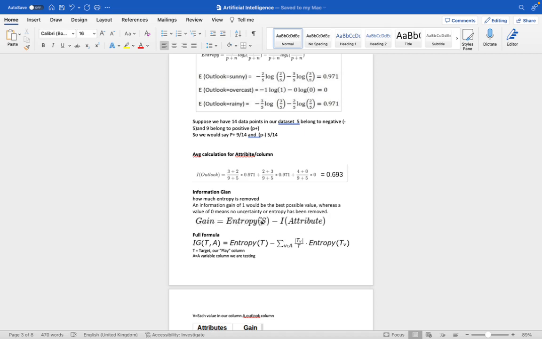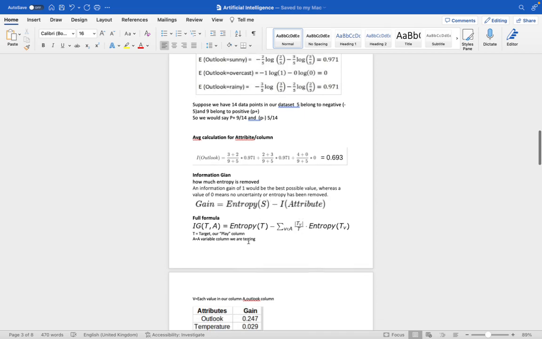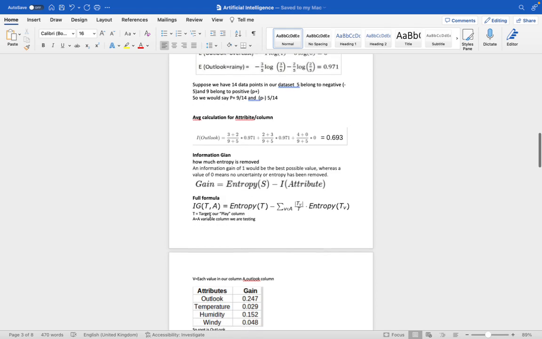Gain is equal to the entropy of S, the total data set, minus the entropy of the attribute. That is the simple one most people use. This is the full formula: IG(T, A) equals the entropy of T, the data set, minus sigma over V in A of |Tv| divided by |T|, times the entropy of Tv.